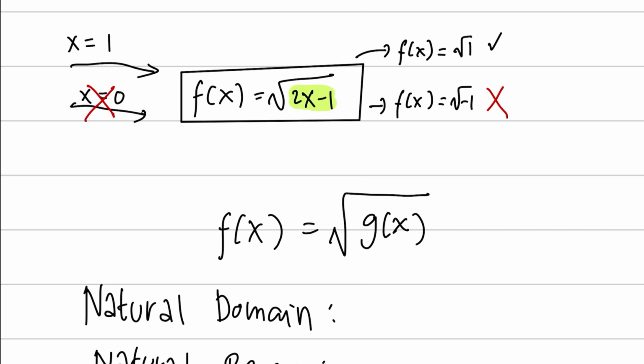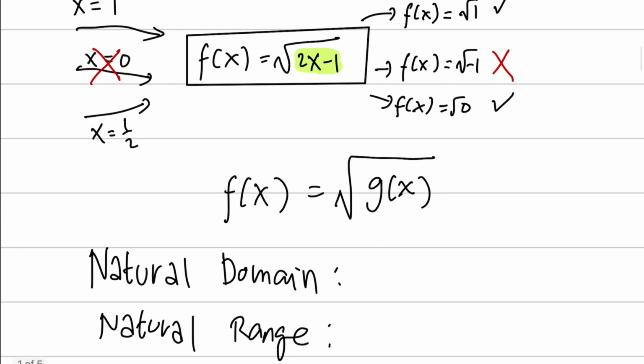For example, if x = 1/2, you put it into the function and you will get f(x) = √0, and it's still okay. It's not an error. So we can put any value of x as long as the inside of the square root is more than or equal to 0. So this is the key.